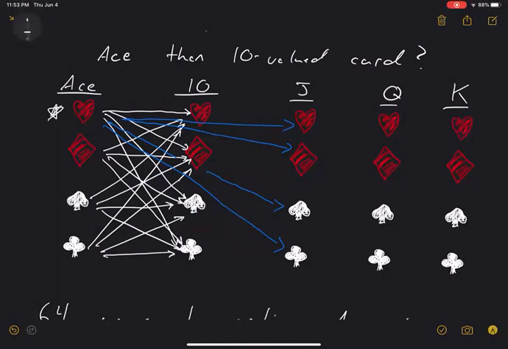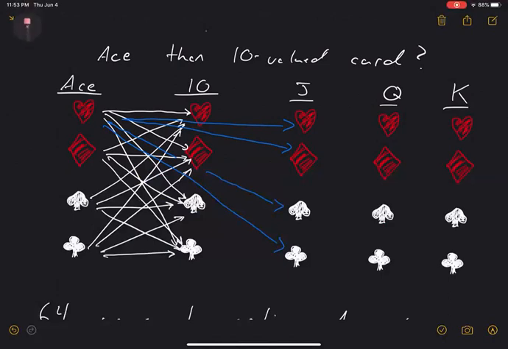So there are 4 possibilities for choosing a 10. Then there are 4 possibilities for choosing a jack, which I've drawn in blue here, and 4 possibilities each for a queen or a king. So if my first card is an ace of hearts, I have 16 ways to get blackjack.